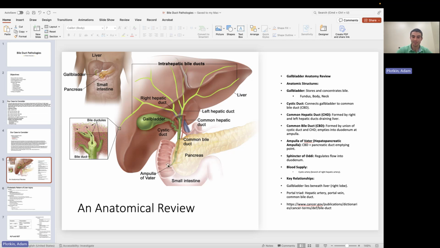Okay. And now that there's blockage of the ampulla of Vater, the bile itself probably won't reflux, potentially, but we're also blocking the pancreatic enzymes from getting out into the small intestine. And so those can back up and also damage the pancreas itself, right?